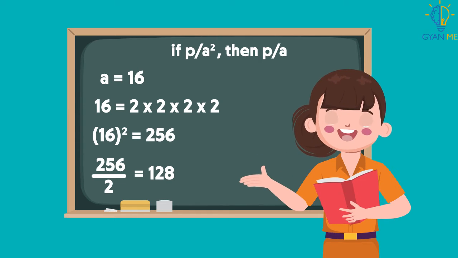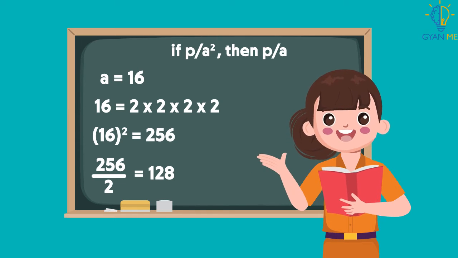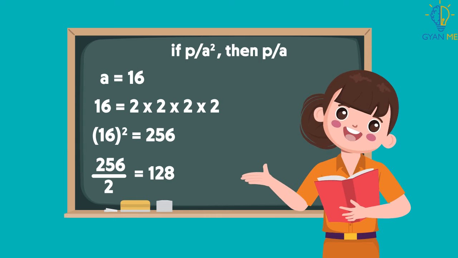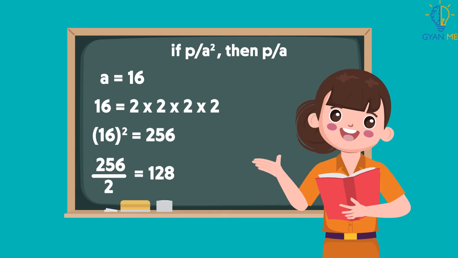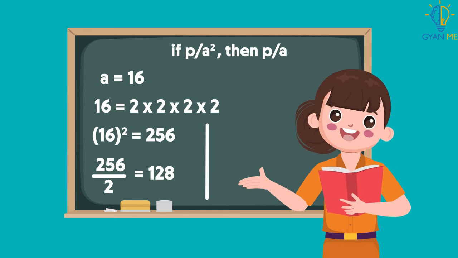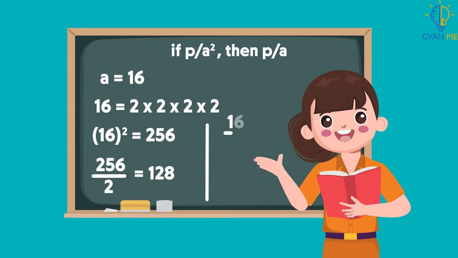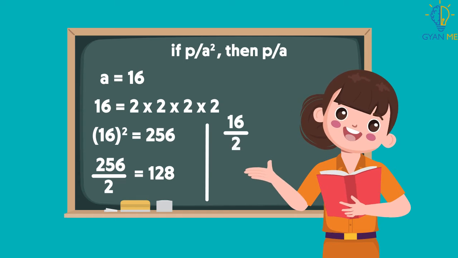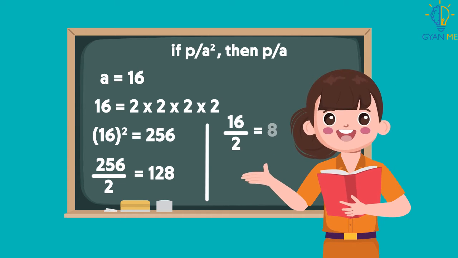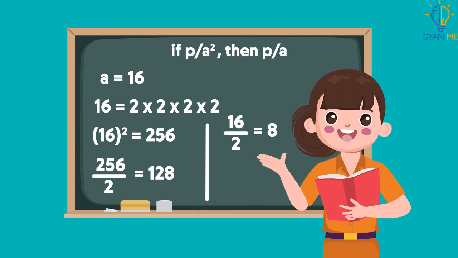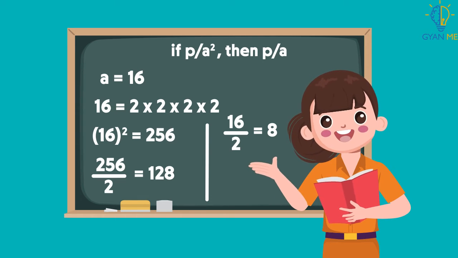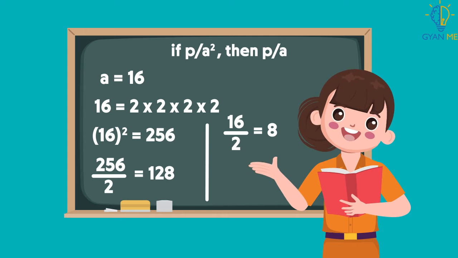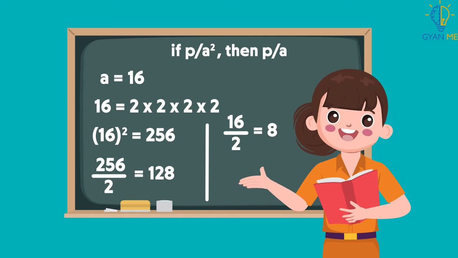Thus 2 divides 256 evenly or completely, so we can say that it is a factor of 256. Now students, divide 16 by 2. What do we get? Yes, you are right, we get answer 8 and remainder is 0. Thus we can say 2 is a factor of 16 also.